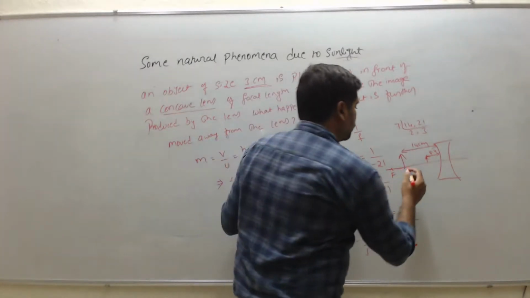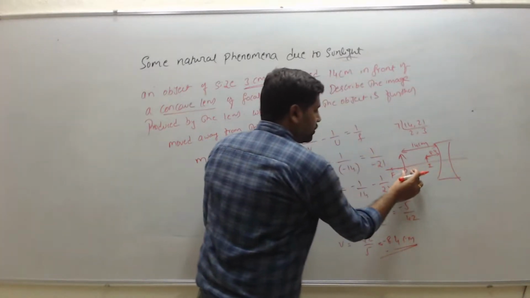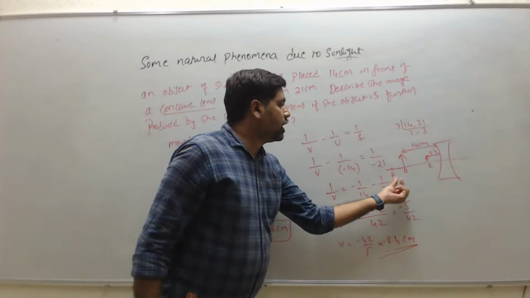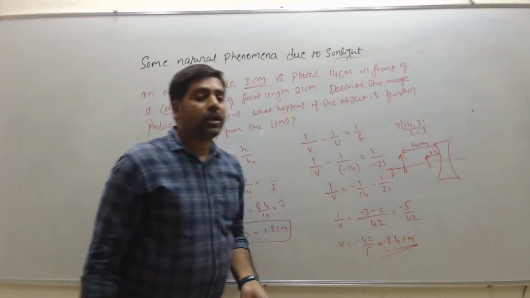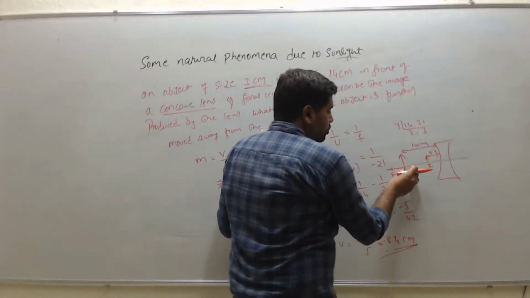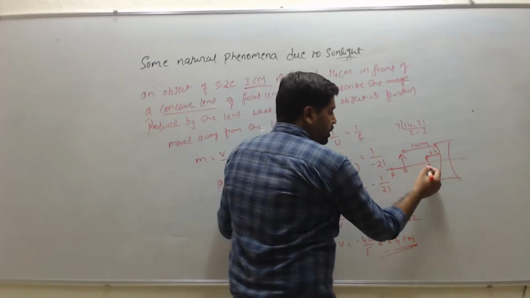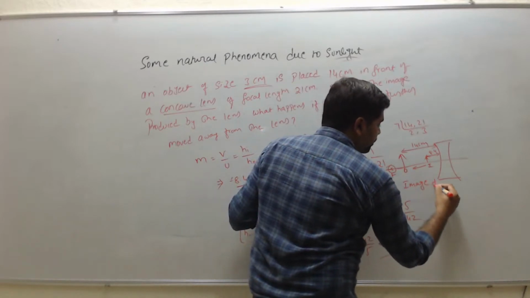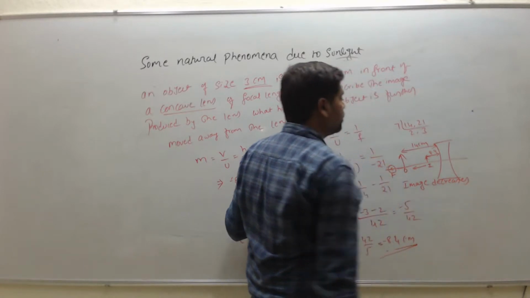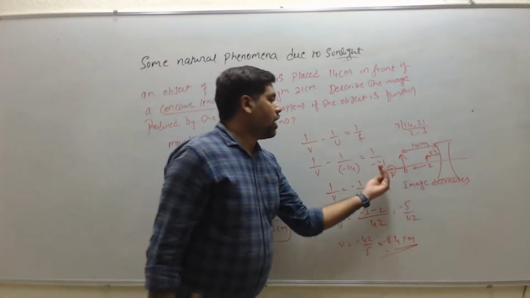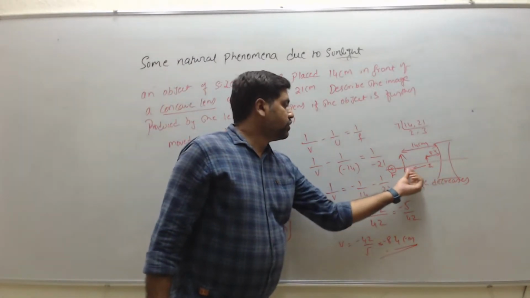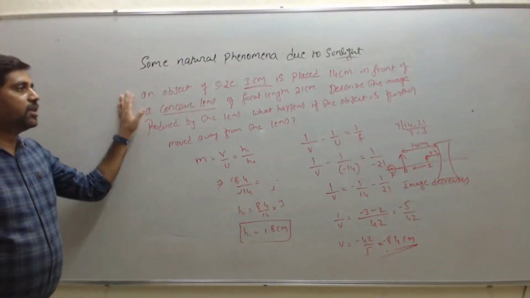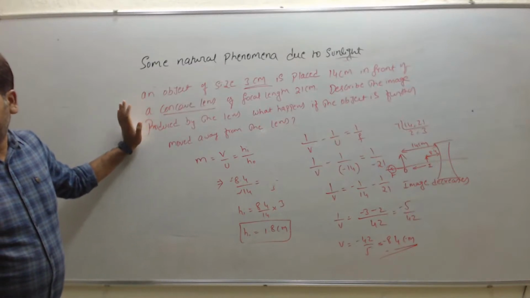This one is the object, this one is the image. If the object is moved further away from the lens, the image will move up to the focus and the size of the image goes on decreasing. So this is the solution to the problem.